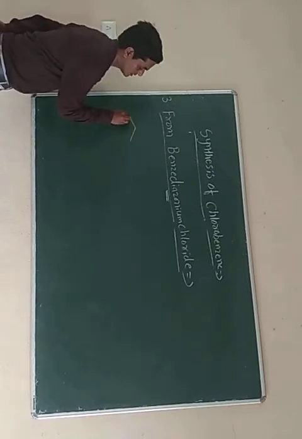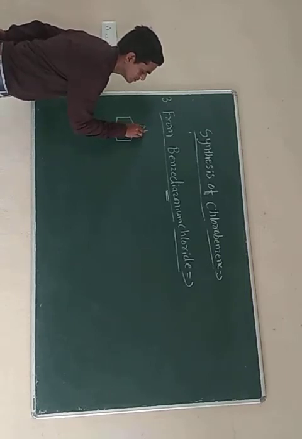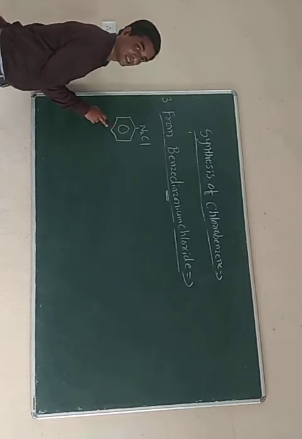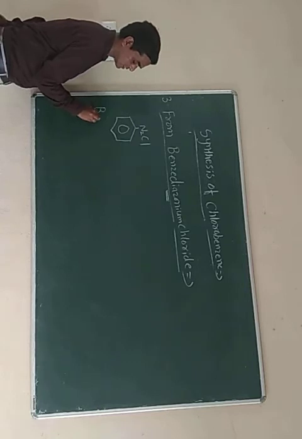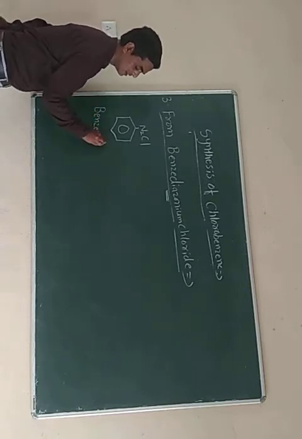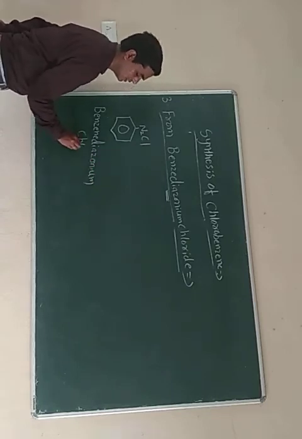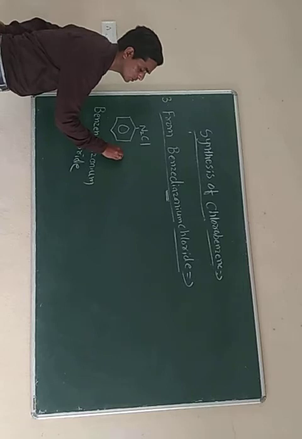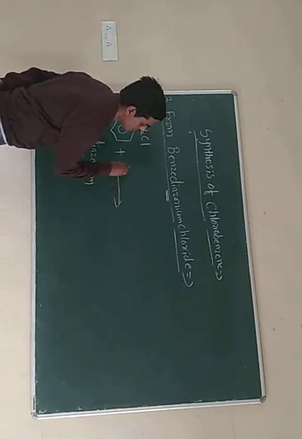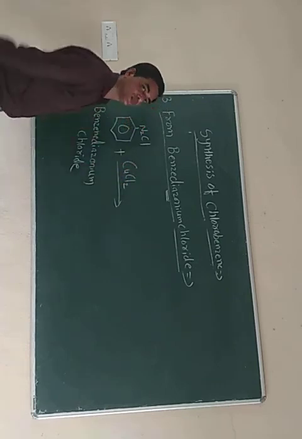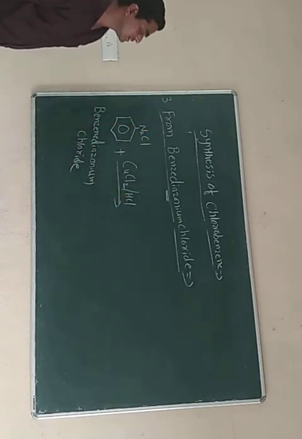This is the structure of benzene diazonium chloride, N2Cl. When it reacts with cuprous chloride, along with HCl, then what is the product?